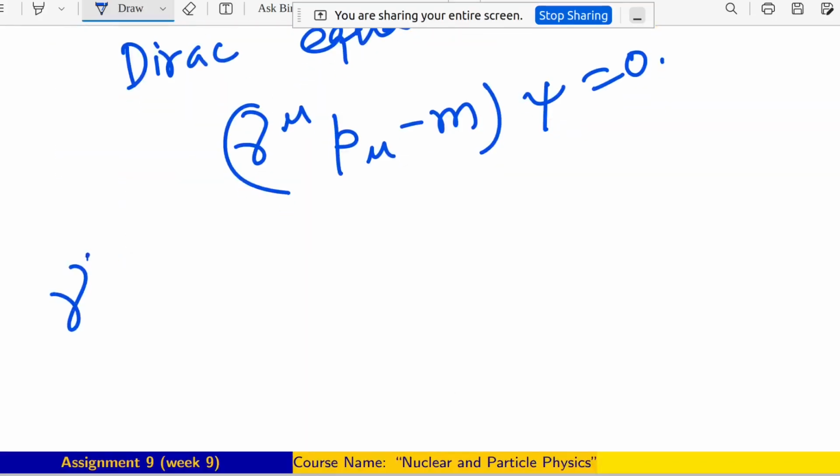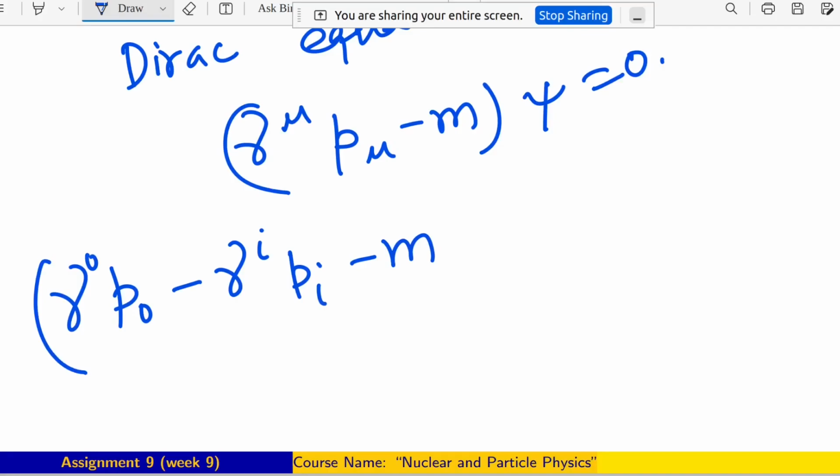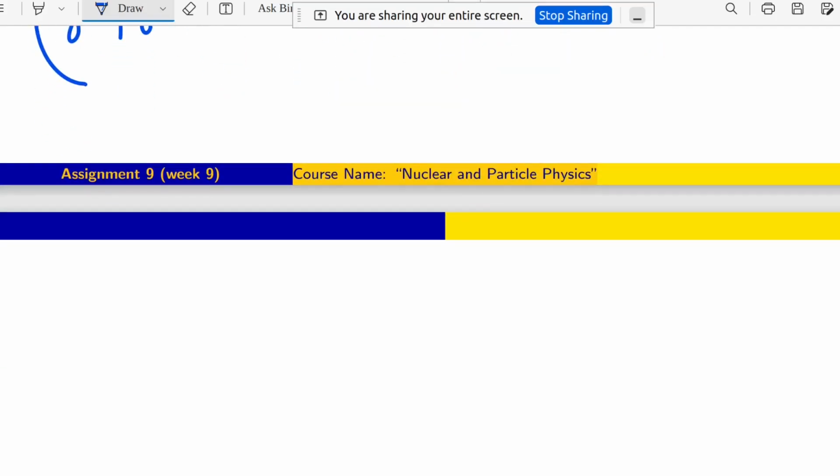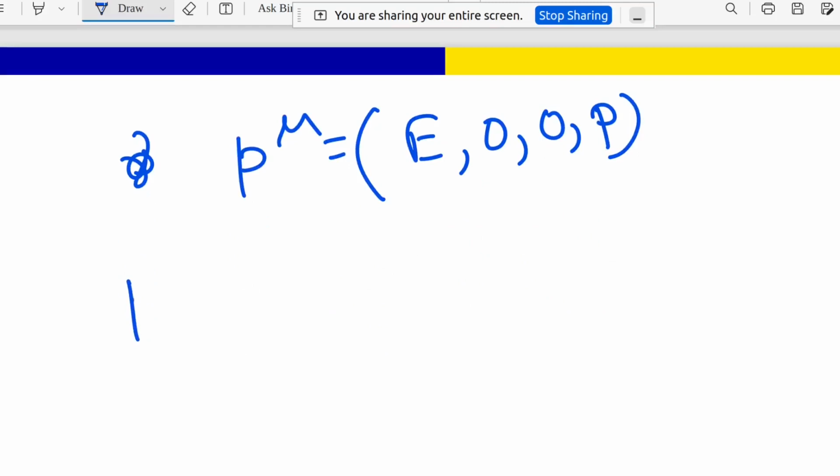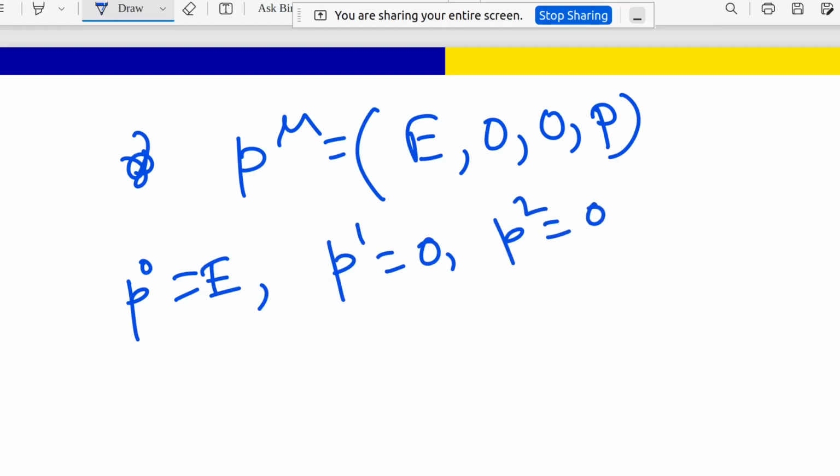Now gamma 0 p0 minus gamma i pi minus m psi equals 0. As p mu is given as E, 0, 0, p, we can definitely tell p0 is E, p1 is 0, p2 is 0, p3 is p, right?